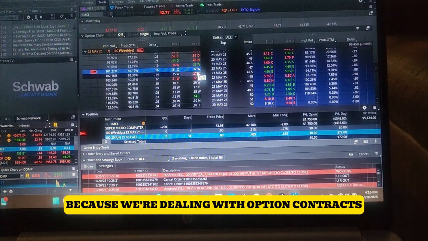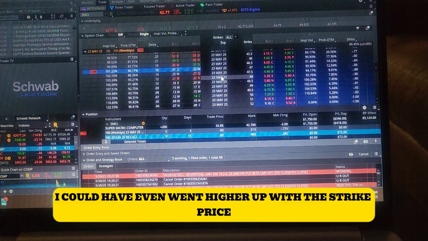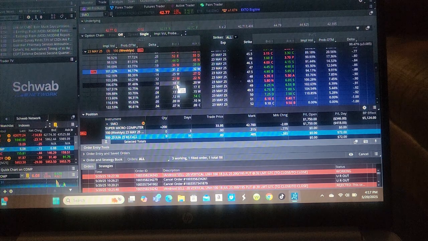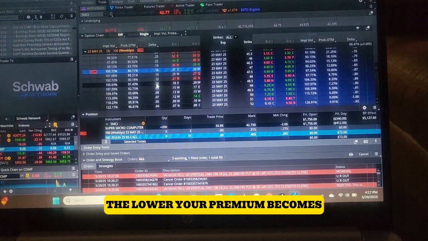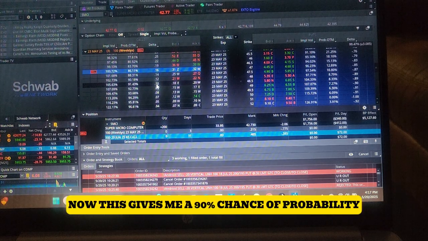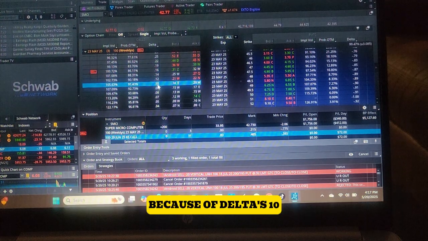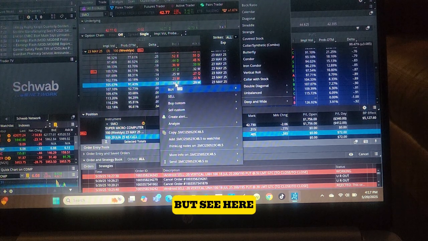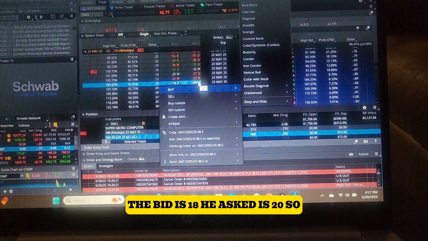Now, also, I could have even went higher up with the strike price, but the higher up you go with your strike price, as you see here, the lower your premium becomes. So like you see here, if I'd have went with the 48.50, now this gives me a 90% chance of probability because the delta is 10. But see here, the bid is 18, the ask is 20.